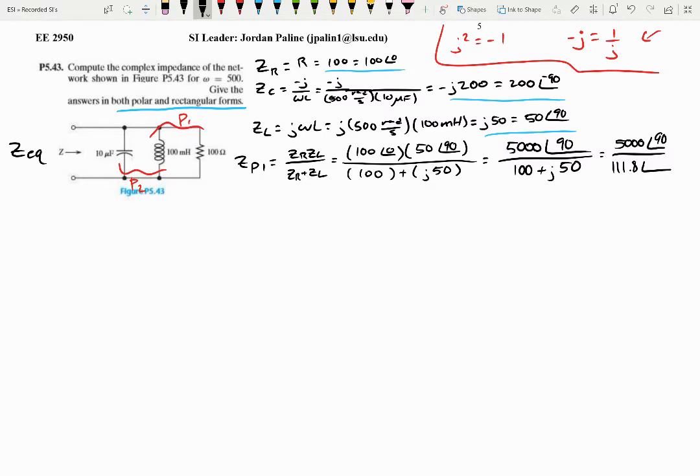Second, tangent inverse of 50 divided by 100 gives us an angle of 26.56 degrees.